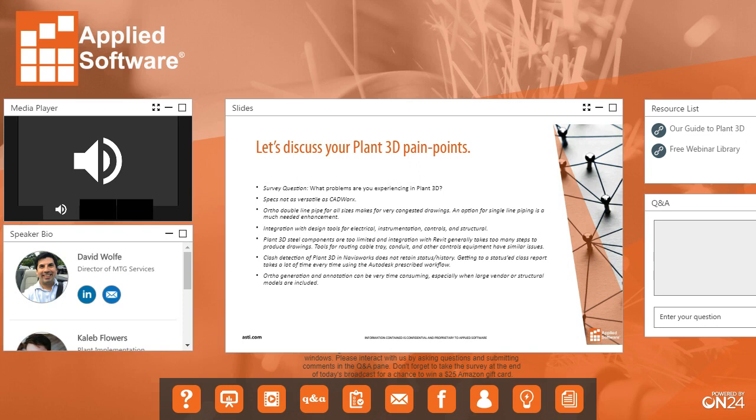I think we would all like the structural integration to be tighter, but Advance Steel does a lot of that and takes it further than Plant 3D would with the fabrication drawings for structural stuff. So that's what we look at there, because it'll all still be DWG based, so you can load it up in XREFs.